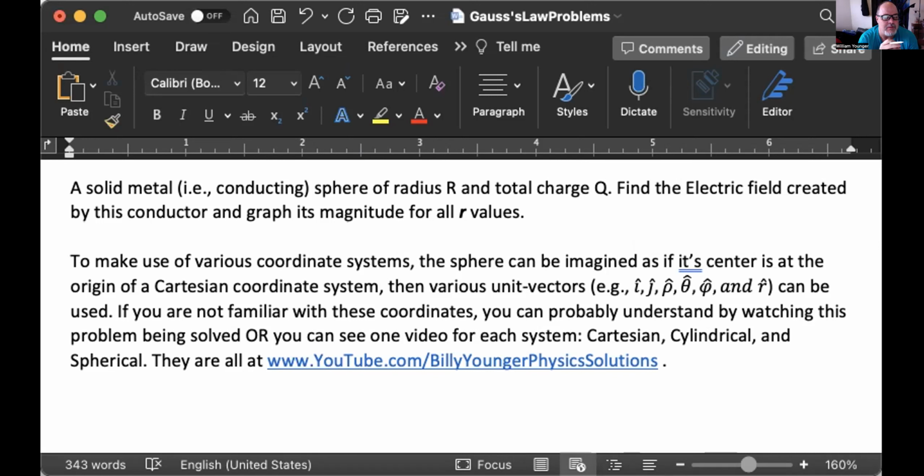So for instance, the neat thing about rho hat is if you're on the y-axis, rho hat points in the j hat direction. It's identical to j hat. But if you're on the x-axis, rho hat is identical to i hat.